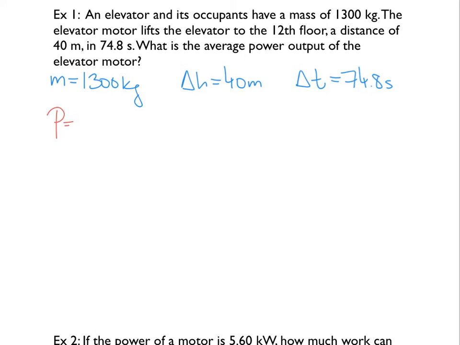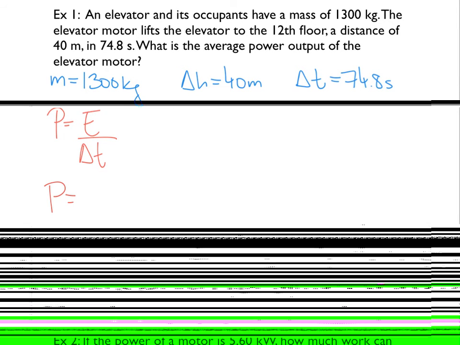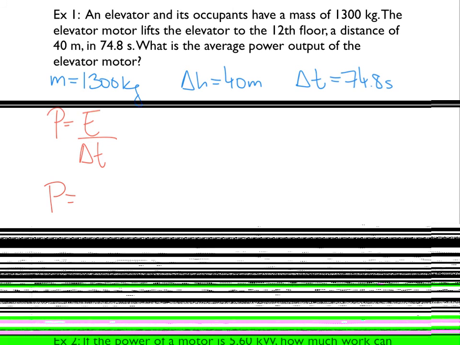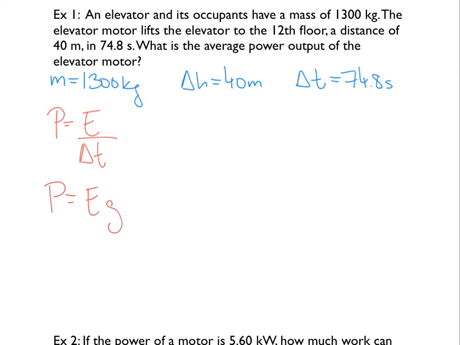So we know power is equal to energy divided by time. In this case, you're lifting the elevator to a height, so you know that you're going to have some gravitational potential energy. So your energy here is going to be equal to your gravitational potential energy, and you know your gravitational potential energy is equal to mass times gravity times height, over time.